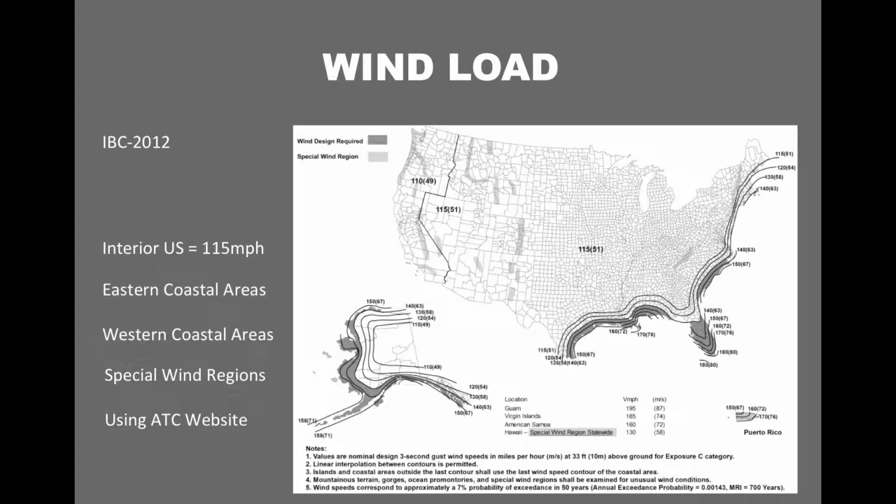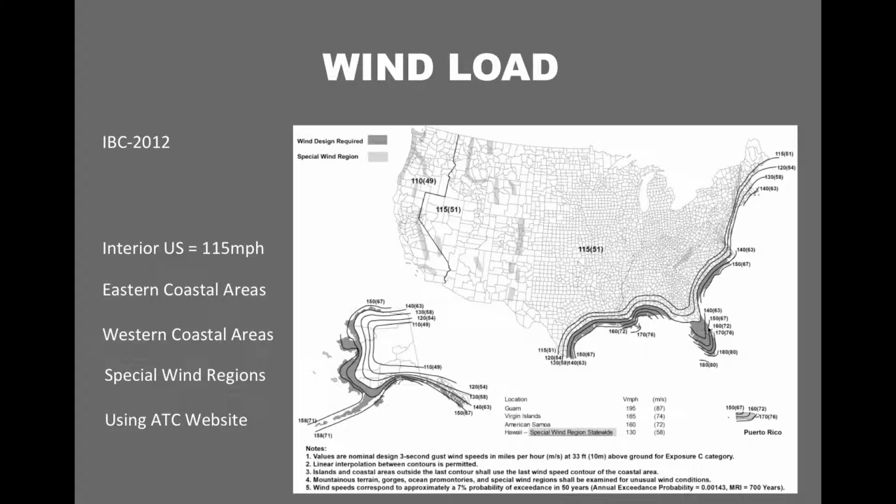The big takeaway here is that if you're anywhere in the central U.S., you're going to have a wind load of 115 miles an hour. The only time that's going to differ is if you're in a coastal region, where you can see wind loads from 115 miles an hour up to, you can see here, 180 miles an hour.